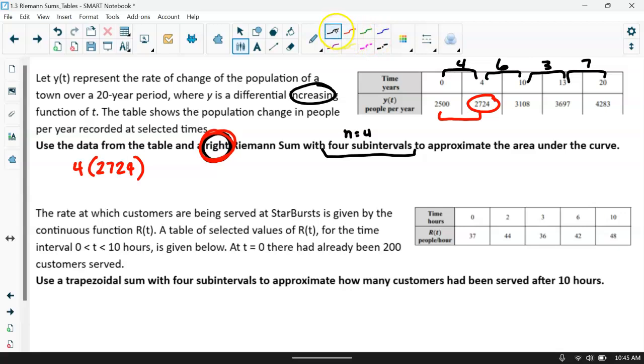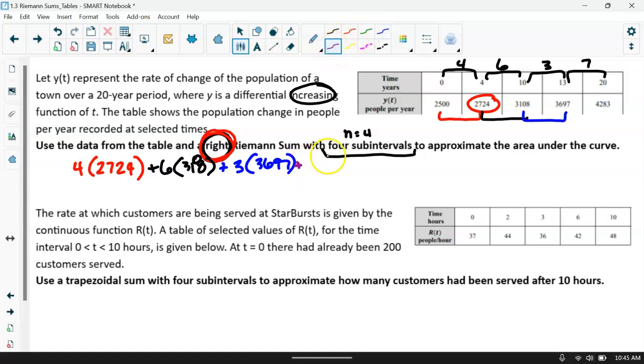Then here, that means for the next, we're going to use the width, which is 6. 6 times, what's the right side? 3,108. Then, sorry about that, not 318, 3,108. Then for our third subinterval, the width was 3. So 3 times, what is the right side? 3,697.